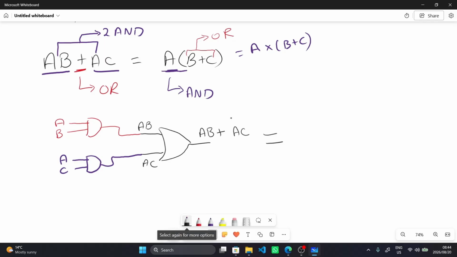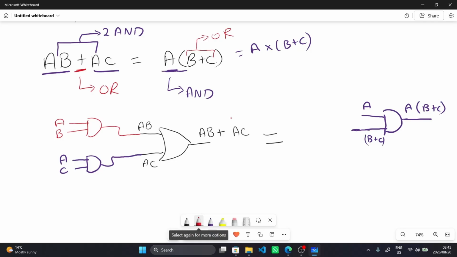So we work our way back. First we start with the AND gate. So this is how we start: A times BC. One input will be A, the other input will be B plus C. And where do we get B plus C?